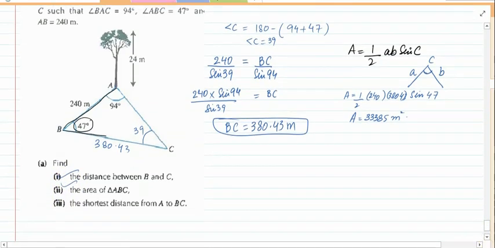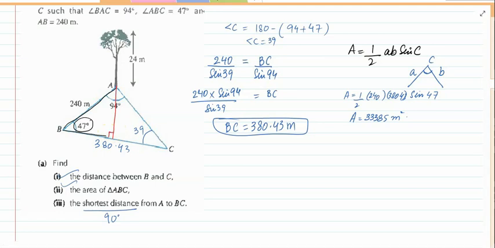At last it says the shortest, meaning 90 degrees, from A to BC. If you draw the line from A to BC, that is your shortest distance. Right? Now this distance can be found out by considering this triangle. In this triangle, the angle is known and the hypotenuse is known as well. You need to find the value of the opposite.